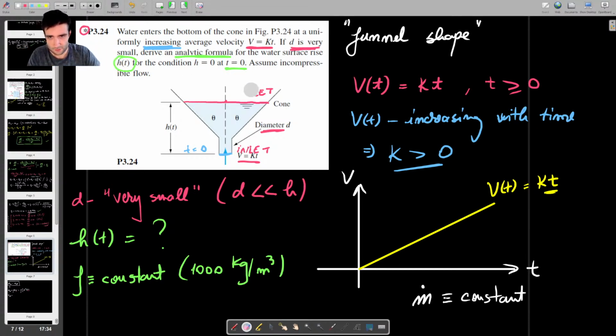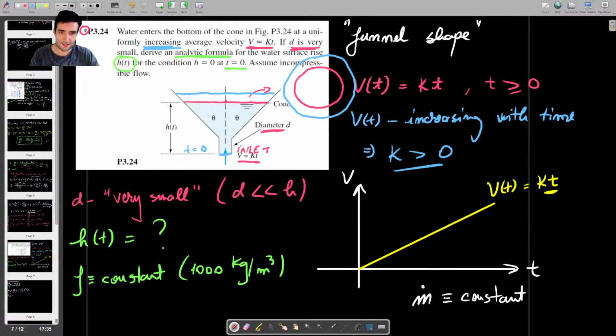So when the height is here, this corresponds to, let's say, this cross-sectional area, but when the surface is here, maybe this corresponds to this cross-sectional area. So the cross-sectional area is clearly changing, and more specifically it's increasing with time. So we're going to have to find a way to take that into account.